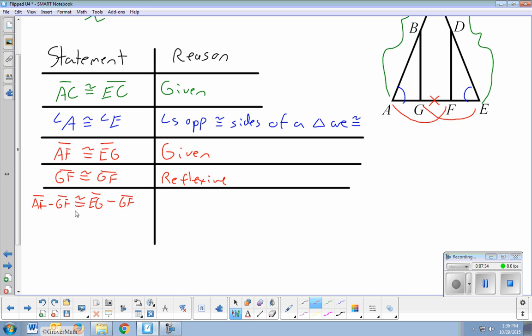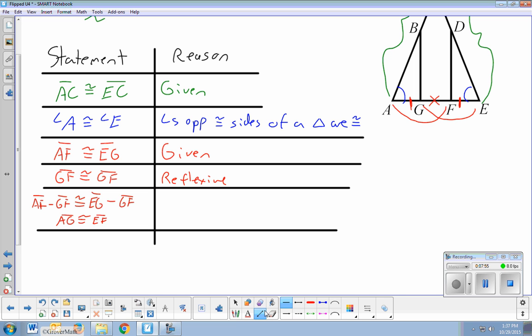And the difference of these, what is AF minus GF? It is AG. And EG minus GF is EF. And AG and FE or EF, those are sides of the triangles I'm trying to prove congruent. So that is a side congruence right there.